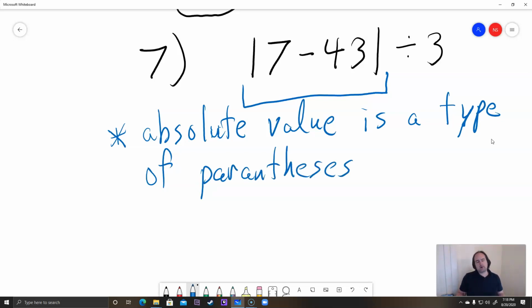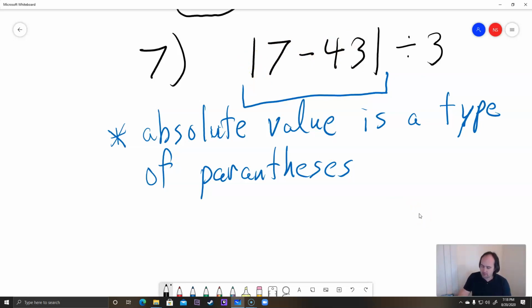Okay, and of course, they're not just a type of parentheses. At the end, you also need to make sure that it takes the positive version of the number. But here, because we have two terms, we're going to be doing the 7 minus 43 first, and then we're going to take the absolute value.